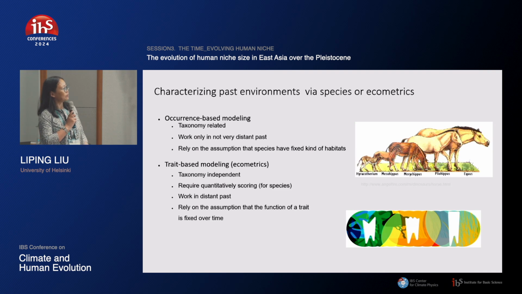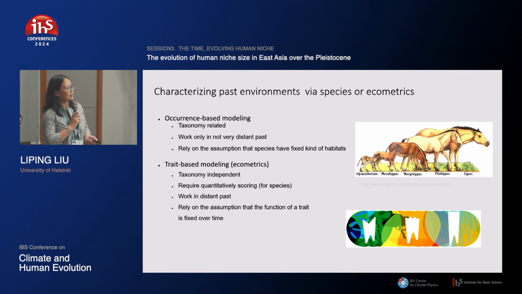For example, nowadays we know horses live in open habitat, so we assume the early horses also lived in similar habitat, but it's not always correct. If you go deep to the Middle Miocene, horses already lived in the forest. So you can't do your research for a longer time scale.